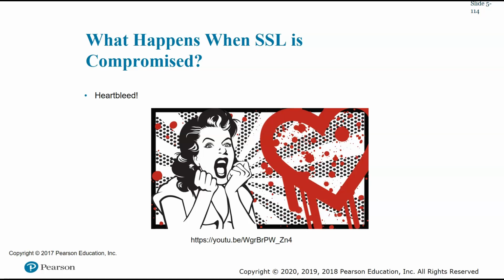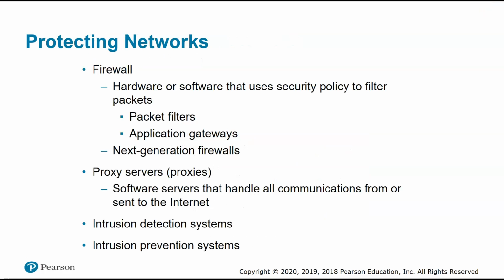If you go between a client and a server, and the actual certificate or the keys that are being exchanged, the symmetric keys, have been compromised, they can put information out to a third party. And that's essentially what happened with Heartbleed. I'll be sending that video to you as well.